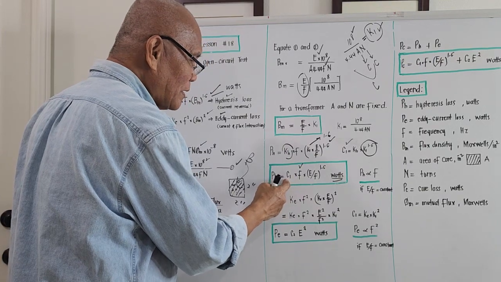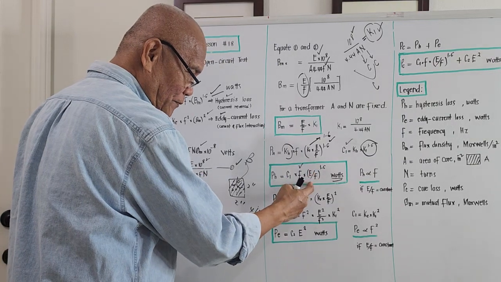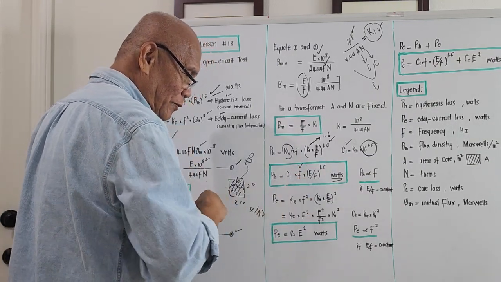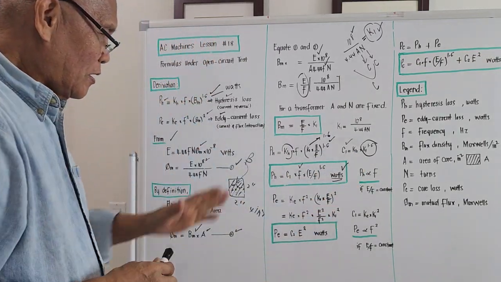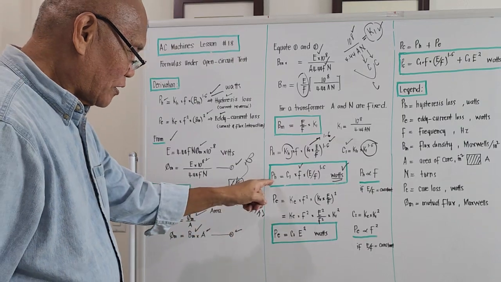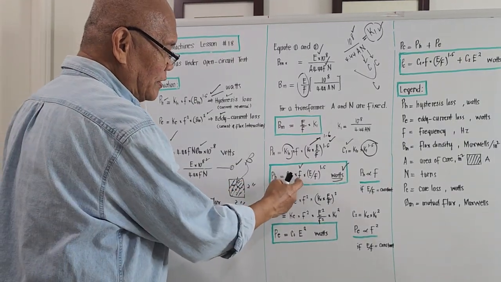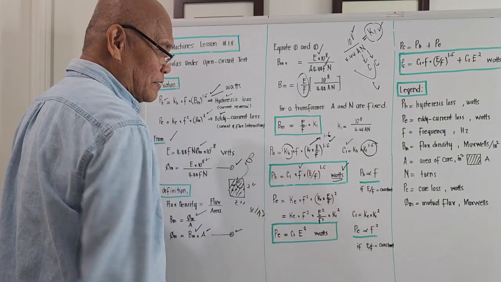C1 times frequency times the ratio E over F. We take the ratio and raise that to 1.6, and the unit will be watts. So how many variables are actually controlling the value of this hysteresis loss? There are 3. No, there are 2. It's only the frequency and the induced voltage.